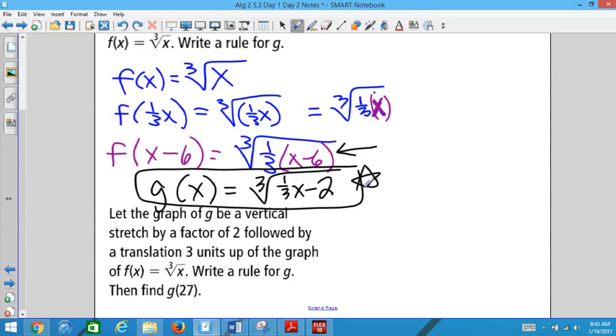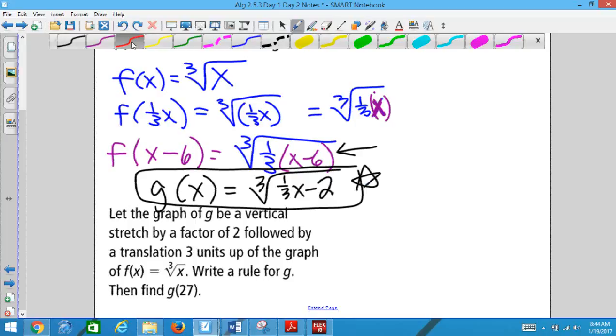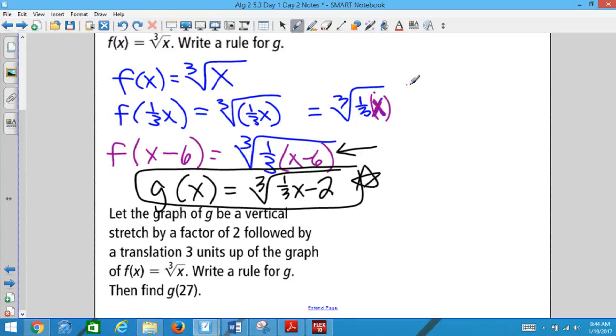Wait, say that again? Oh, you're talking about that? Okay, so for this purpose, let's not worry about that. I can tell you it would be super messy because you'd have to find a common denominator.